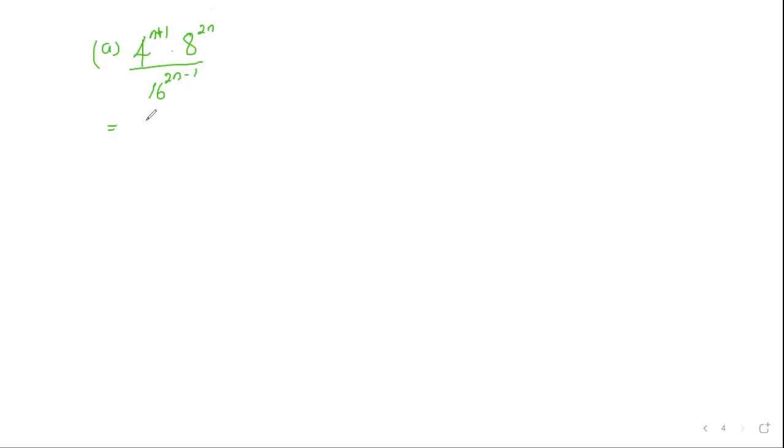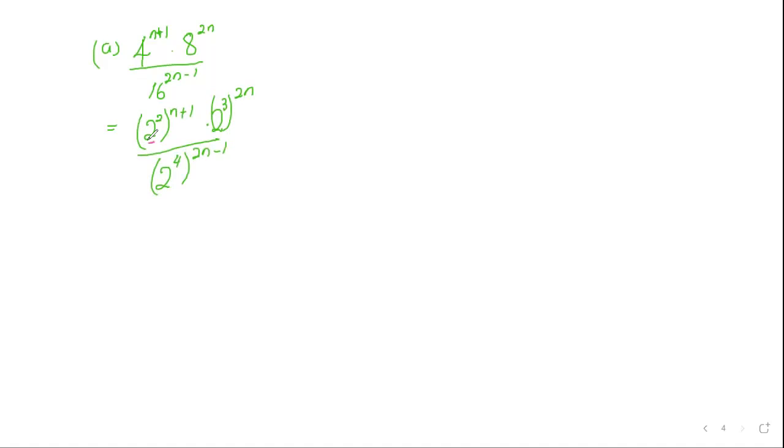This is 2 squared, exponent n plus 1. 8 is 2 cubed. Exponent is 2n there. 16 is 2 to the power of 4, 2n minus 1.